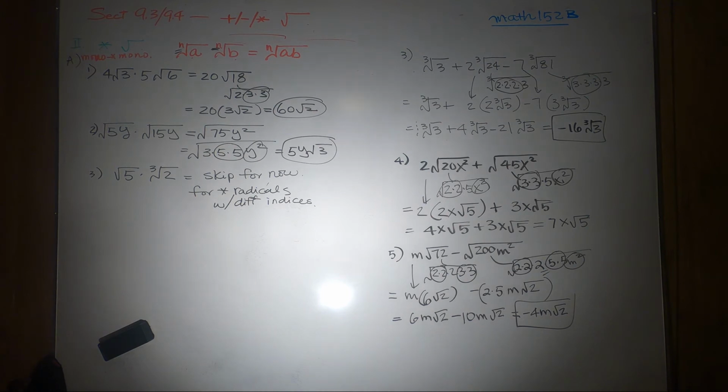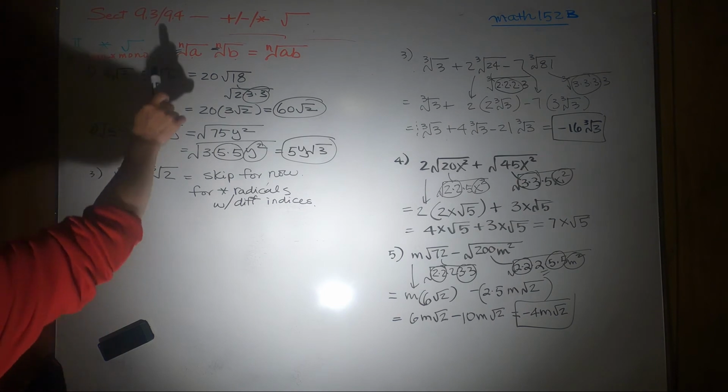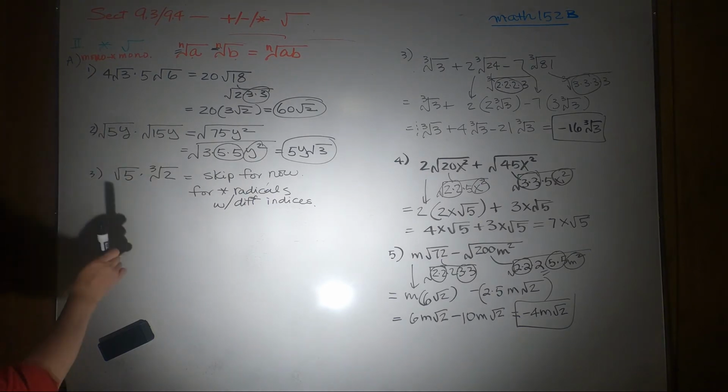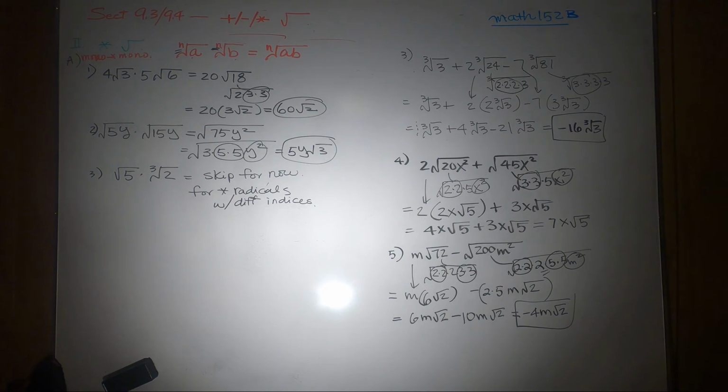Okay, one term times one term, then we use the product rule to do that. First, you put it together inside by multiplying. Then you simplify them.